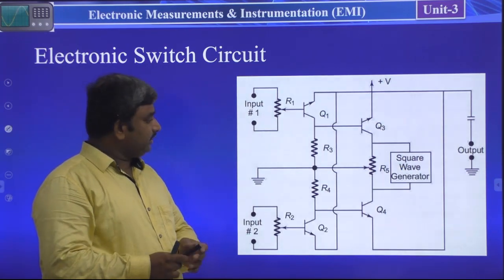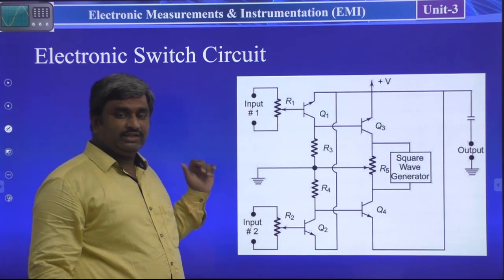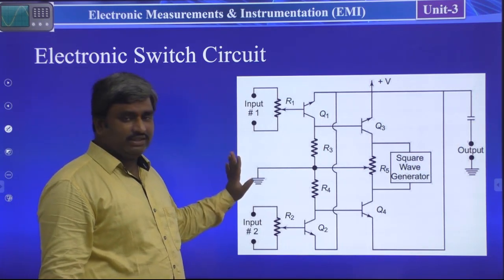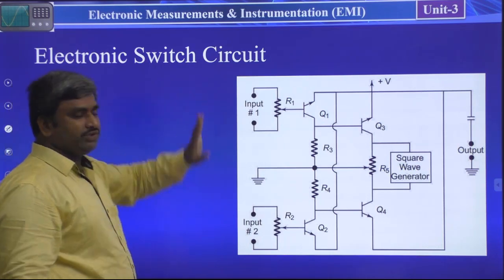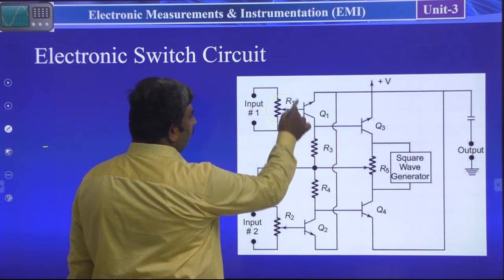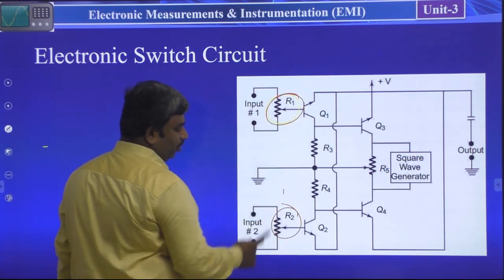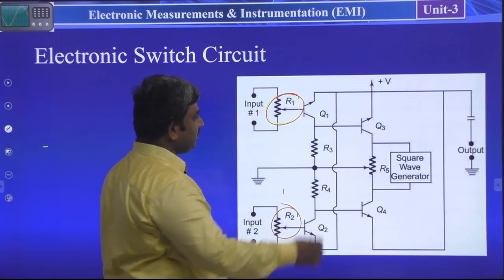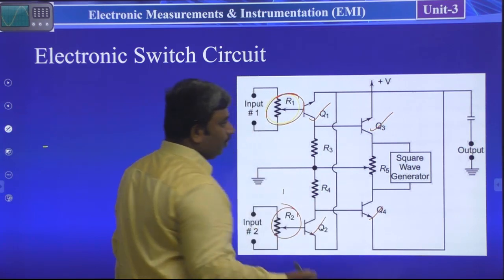Previously we have seen the generalized block diagram, but this is the detailed circuit of the electronic switch. In this electronic switch circuit, we have R1, R2 base potentiometers. Here we have Q1, Q2, Q3, Q4, four switches.